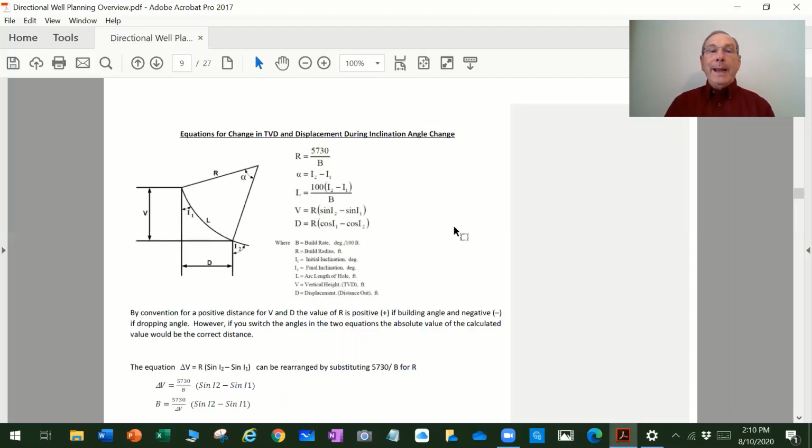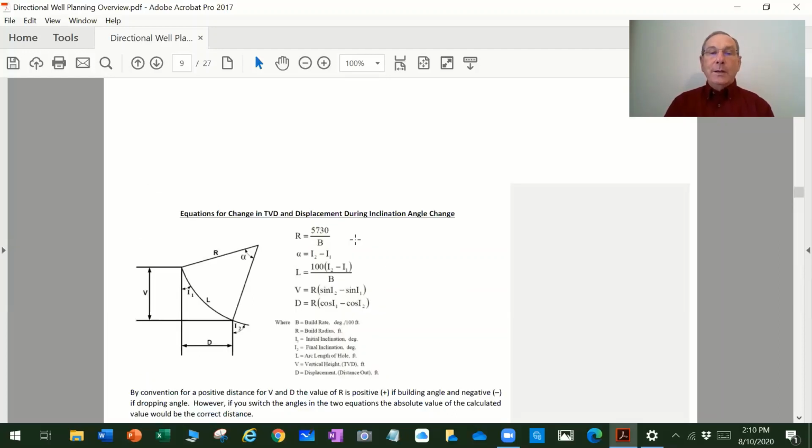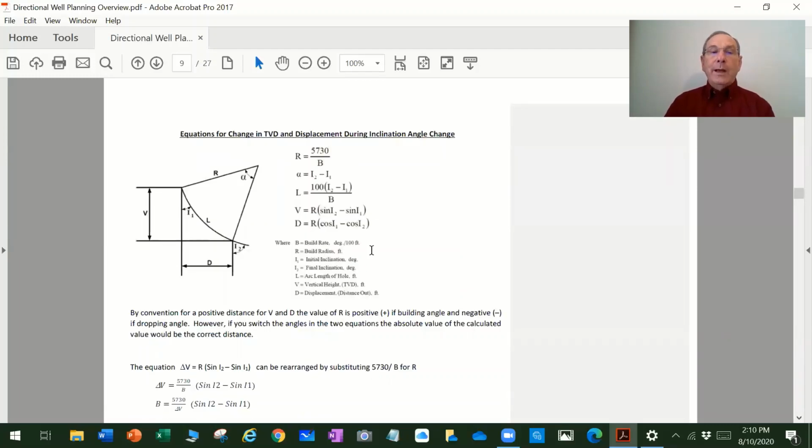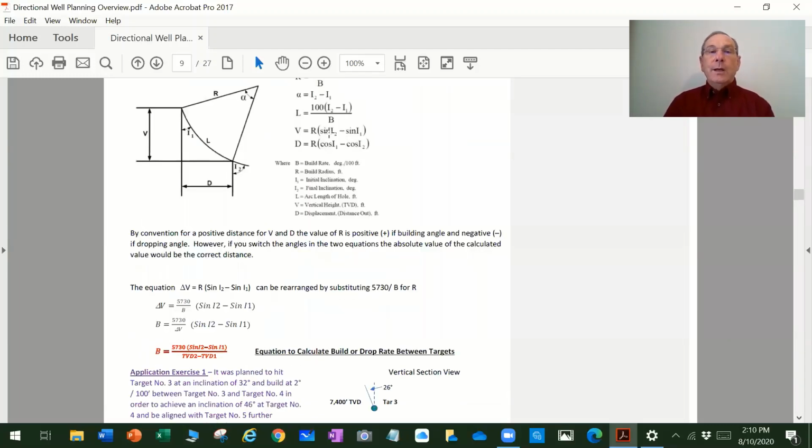To make the math work out, we generally use a positive R value if we're building angle, and a negative R value if we're dropping angle. For calculating vertical distance, you use the second inclination minus the first inclination. If you're calculating displacement, you subtract the cosine of the second angle from the cosine of the first angle.